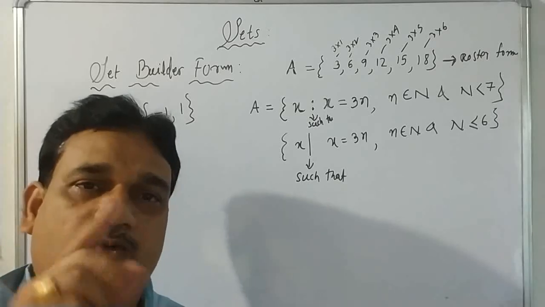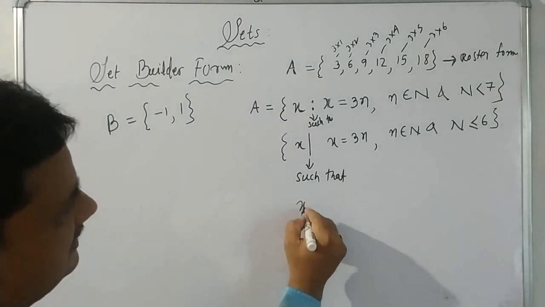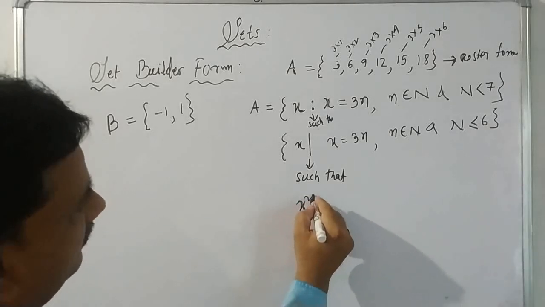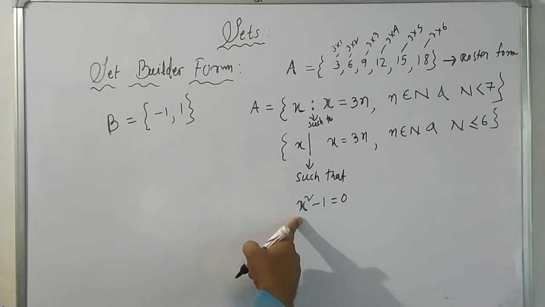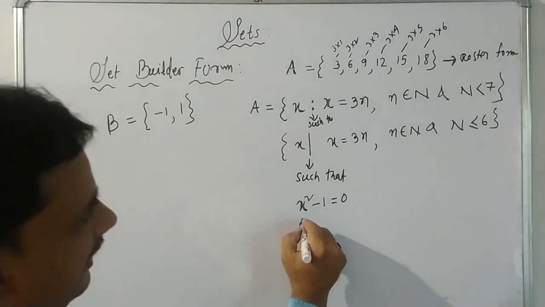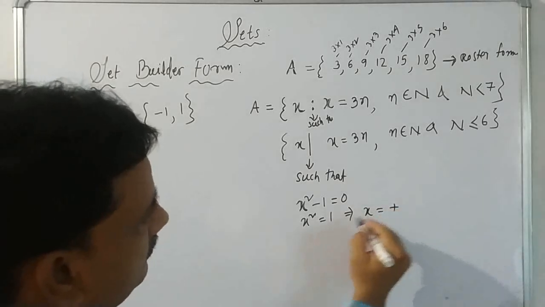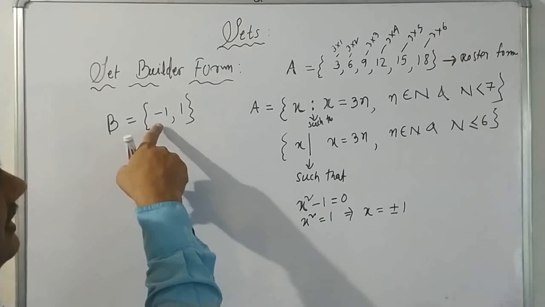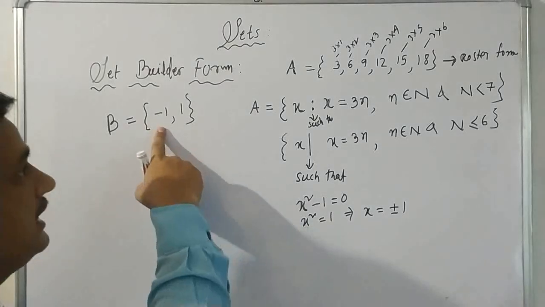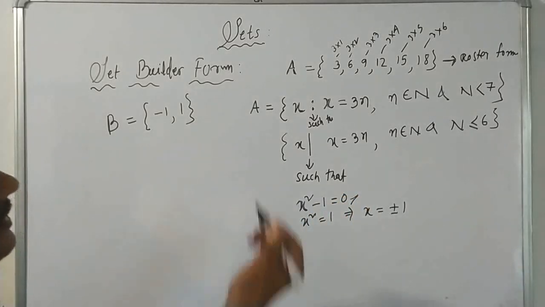So what is the quadratic equation? Clearly it is x square minus 1 is equal to 0. Okay, it's a quadratic equation. If I write here x square is equal to 1, and x is equal to square root of 1, that is plus or minus 1. So what is this? Now this is a set of solutions of this quadratic equation. So easy.